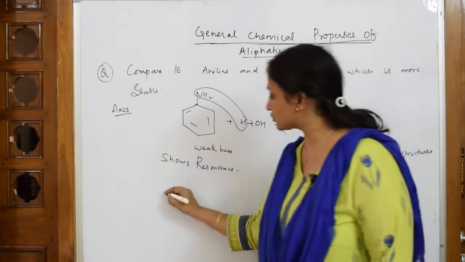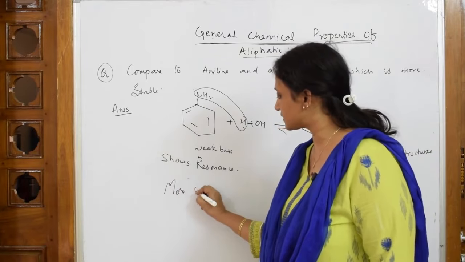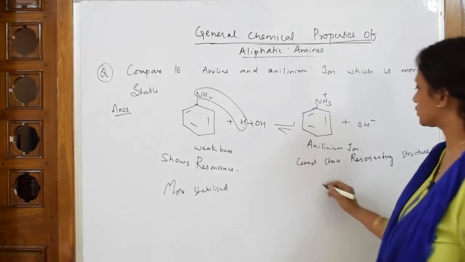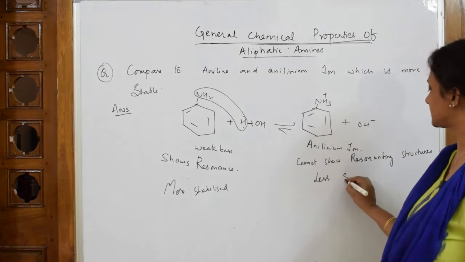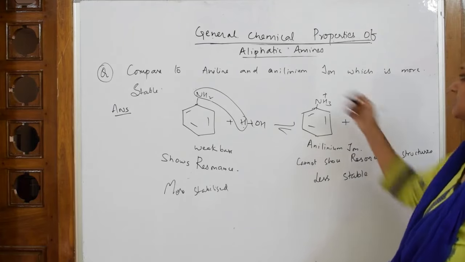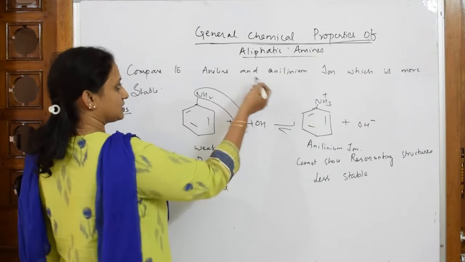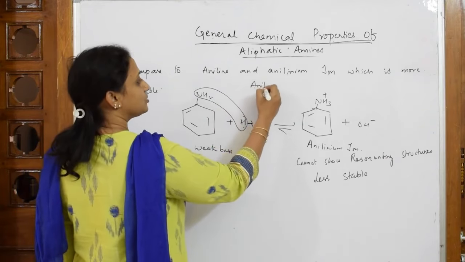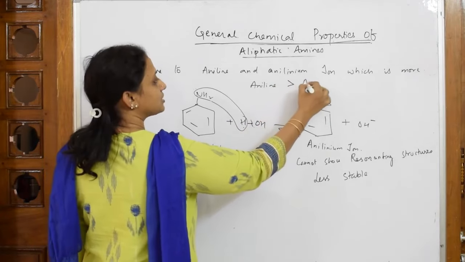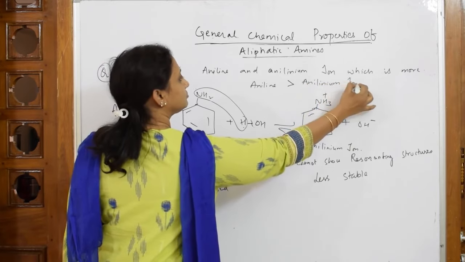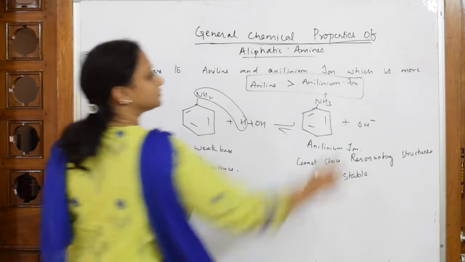So whichever shows resonance is more stabilized. This does not show resonance, so it is less stable. So that is the reason. Compared to aniline and anilinium ion, which is more stable? According to the reason, aniline is more stable than anilinium ion due to resonance.